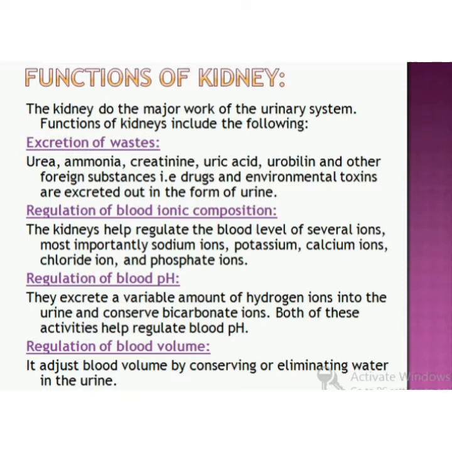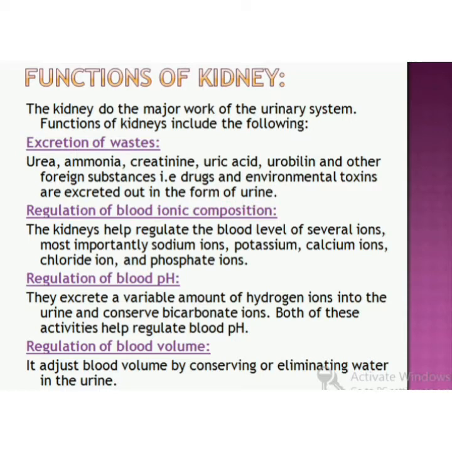Then regulation of blood ionic composition: the kidney helps regulate blood levels of several ions like sodium, potassium, calcium, chloride, and phosphate. Then regulation of blood pH: they excrete a variable amount of hydrogen ion into the urine and conserve bicarbonate ion. Both of these activities help regulate the blood pH.